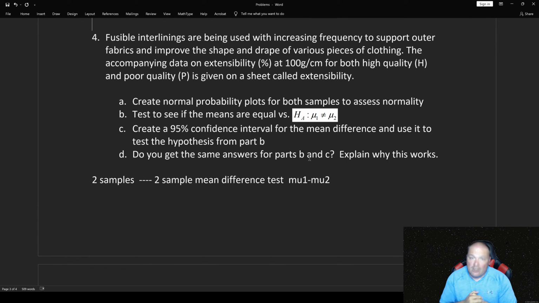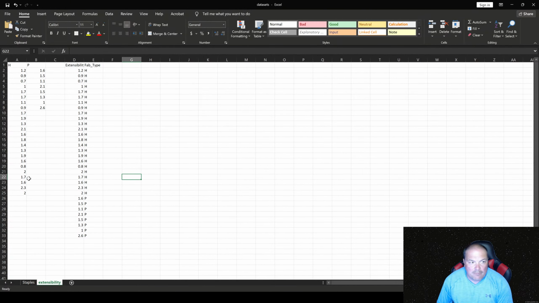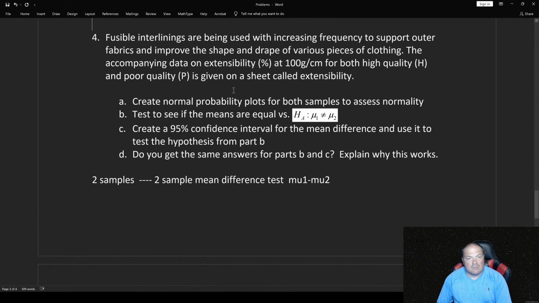Also, in order to be a paired test, the sample sizes have to be equal because both treatments have to be applied to each experimental unit. So even if you don't really understand what's going on with this problem, you should be able to say, based on this data, these are not paired, because the sample sizes are not equal. In terms of the problem, we're taking a sample of high quality cloth and comparing it to a sample of poor quality cloth.